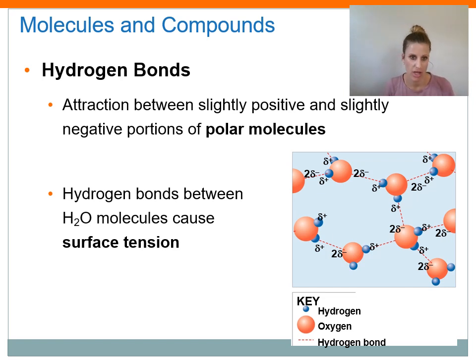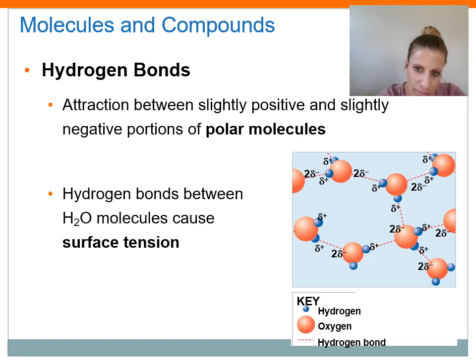Those are hydrogen bonds. So if you look here, you see a bunch of water, and you see that the water molecules have arranged themselves so that there's attraction between the positive and negative parts of the polar molecules. So if you look at it, this is the positive part, right? The hydrogen that's kind of positive. And it's arranged itself so that it's close to the negative oxygen, right?